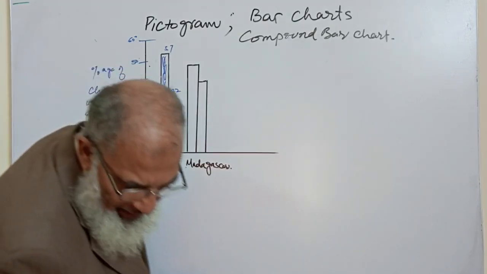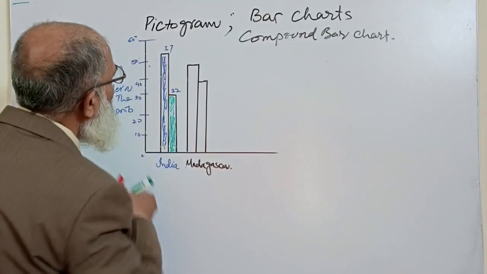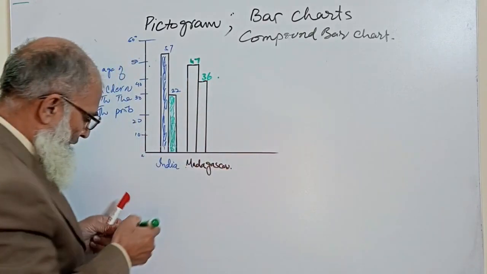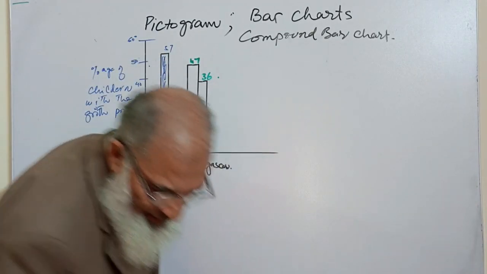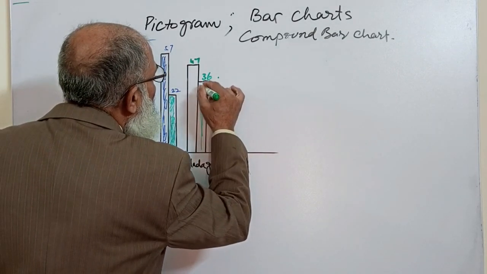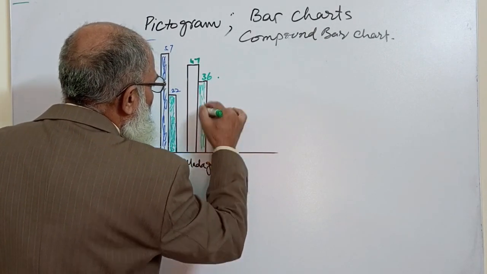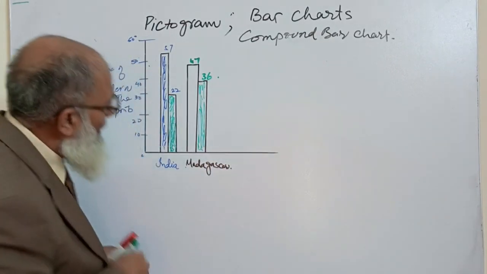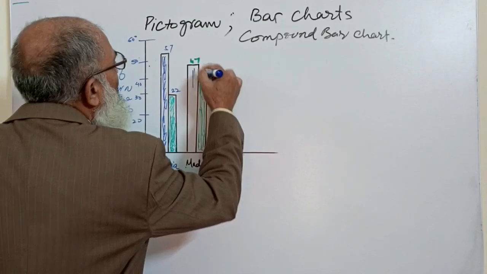Now for Madagascar, it is 47 over here and 36 over here. Let me color them. Now, this you can color it like this, and for this you can color it like this.